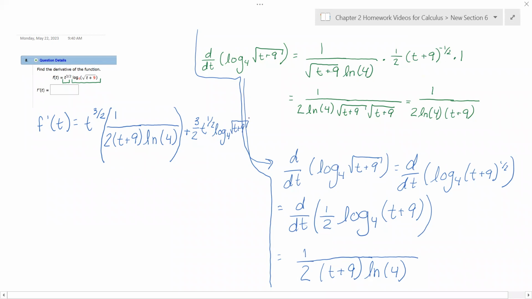All right, and then we're welcome to just leave it like that. You could use some properties of exponents to rewrite this. That might be a little bit of what you see in the text, where they factored out some common terms. But as it stands, this is a perfectly acceptable answer. It just depends on how you want to write it.